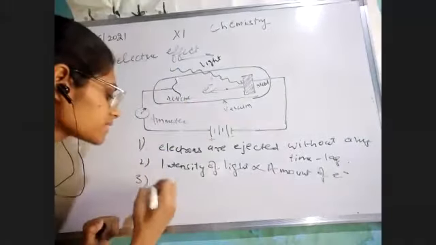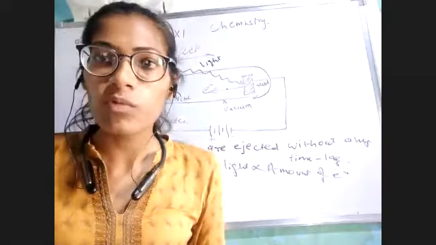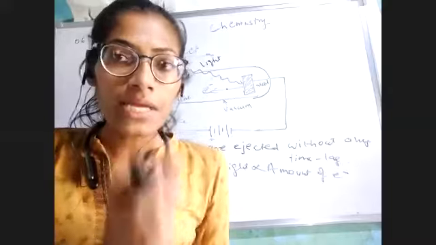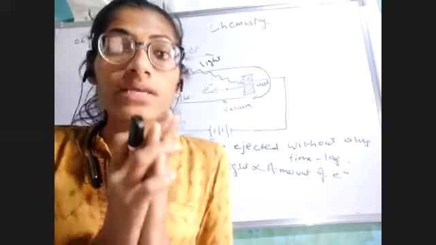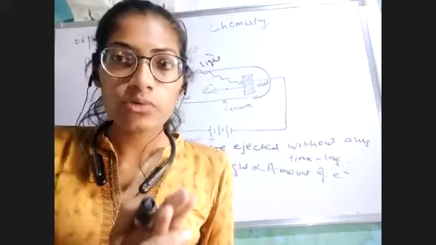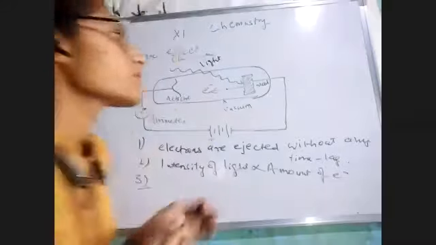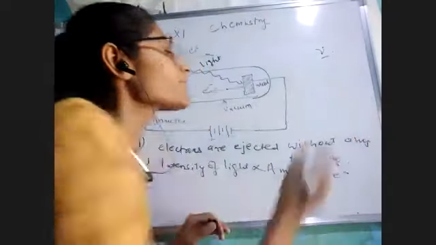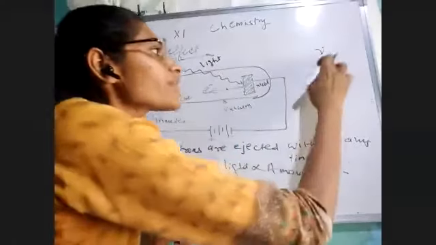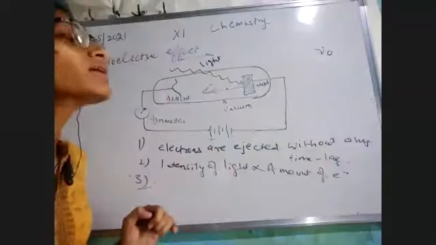And the third point he gave in a mathematical way: there should be a minimum frequency which is known as threshold frequency. In the last class, I told you that our frequency is denoted by nu. So according to him, there should be a minimum frequency known as threshold frequency denoted by nu naught.